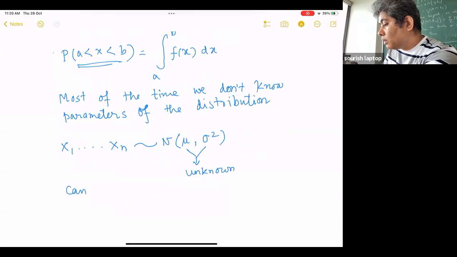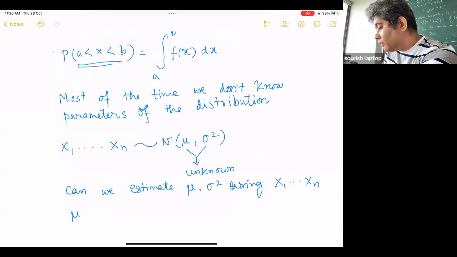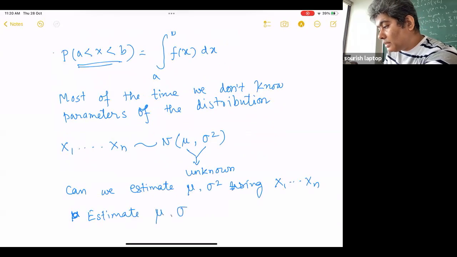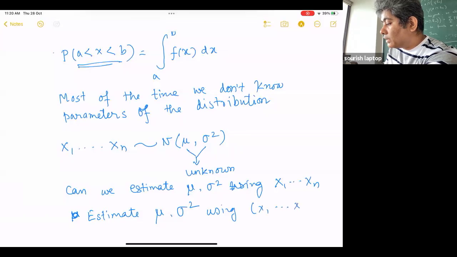Can we estimate mu and sigma square using x1, x2, up to xn? Statisticians will first estimate mu and sigma square using x1, x2, xn.